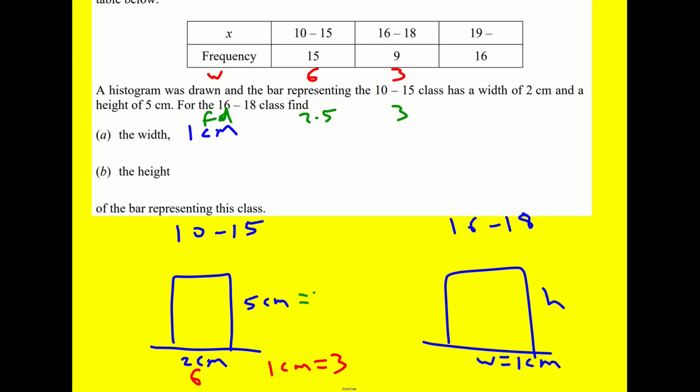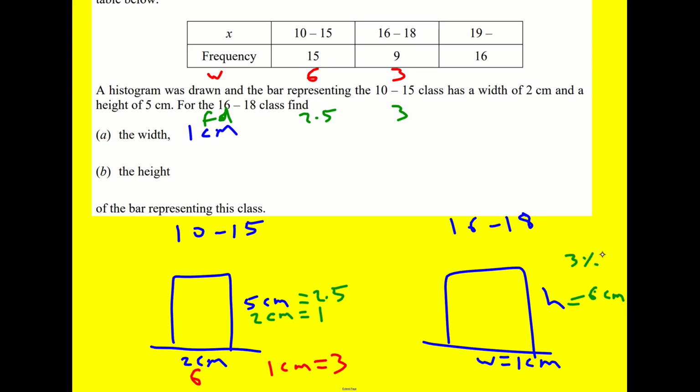I might even write a little equals by it, 2.5. Okay, so that means that 2 centimeters is going to equal 1. And that means it's going to be 3 lots of that, 3 lots of 2 centimeters. So my height is going to be 6 centimeters.